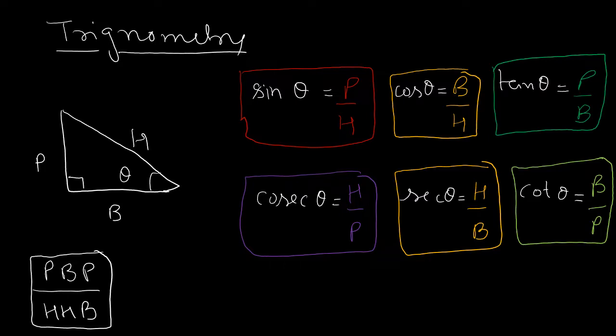Now one more important thing. Suppose we talk about one right angle triangle. We have this one with one side, second side, and this. Here we have the 90-degree angle.